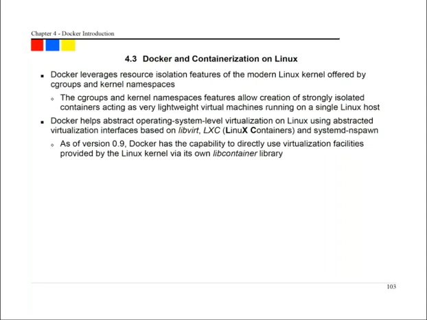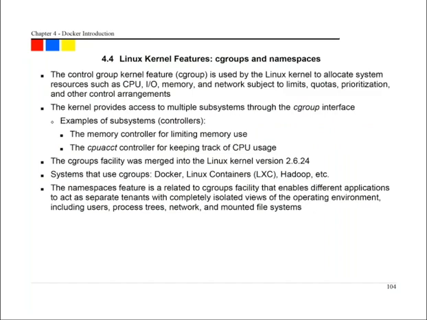If you read between the lines, the effect of that is that the processes think they're in a machine all by themselves. In other words, they think they're in a virtual machine. And effectively, that's kind of what we want.